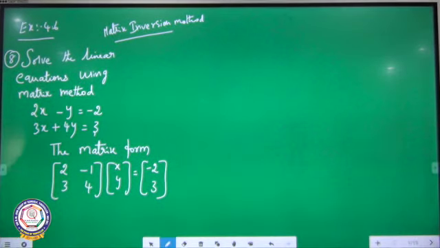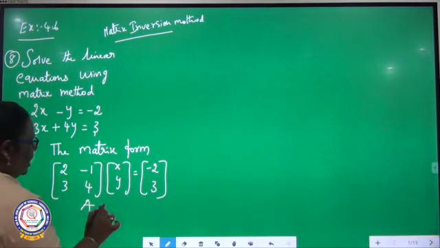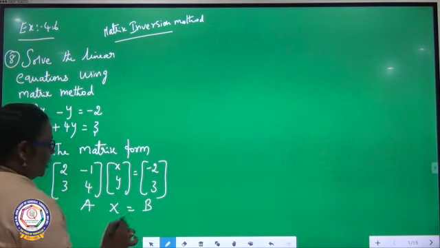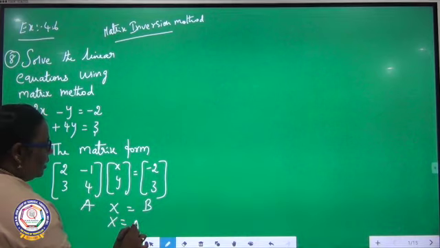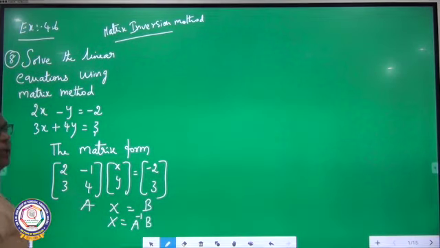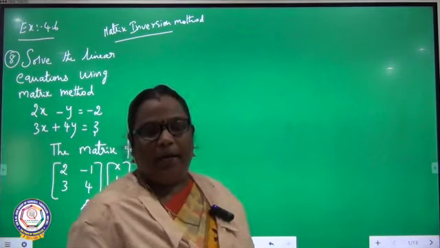So A x equals b. What is the formula? X equals A inverse of b.